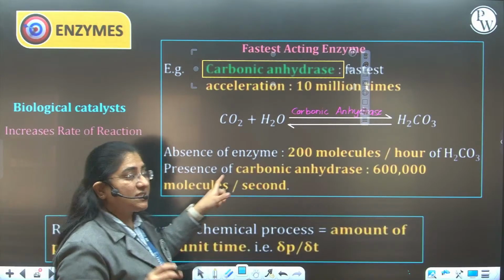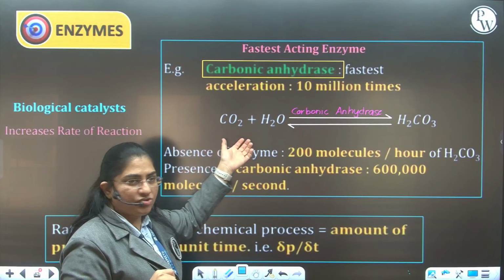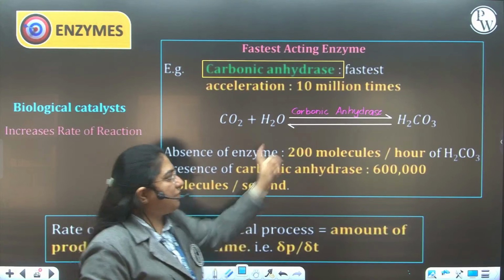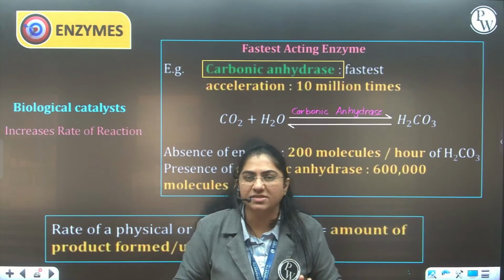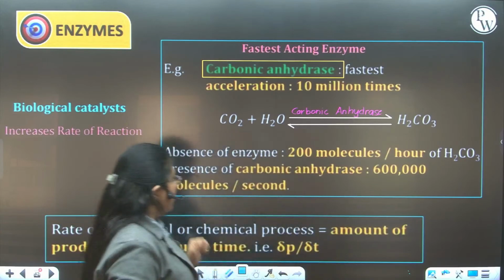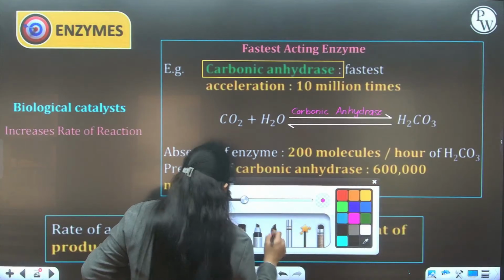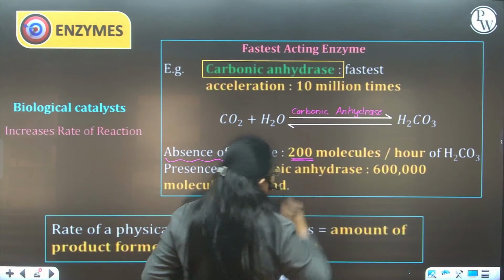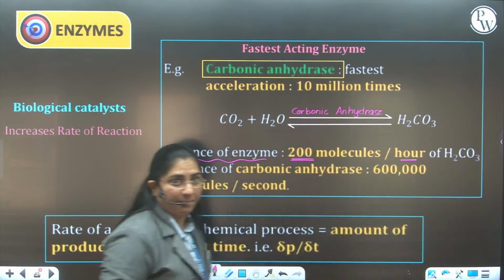Now, this we will study even in the respiration chapter, that is breathing and exchange of gases. Carbon dioxide, when combined with water, will get converted into H2CO3 in the RBCs and to a small extent in the plasma. In the absence of enzyme, 200 molecules will be converted into H2CO3 in 1 hour.